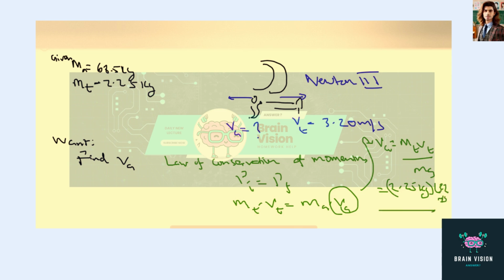Then we divide that by the mass of the astronaut, which is given as 68.5 kilograms. That will give us the final velocity of the astronaut. If I plug in these numbers, I get 2.25 times 3.2, and then you divide that by 68.5 kilograms.